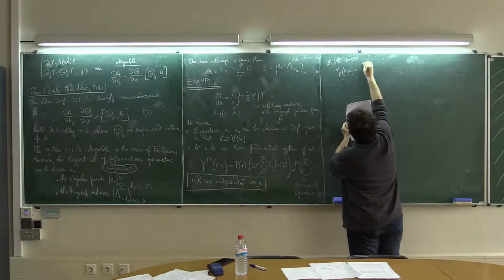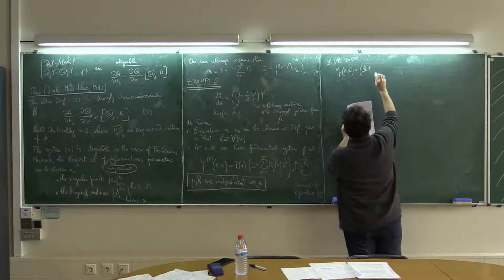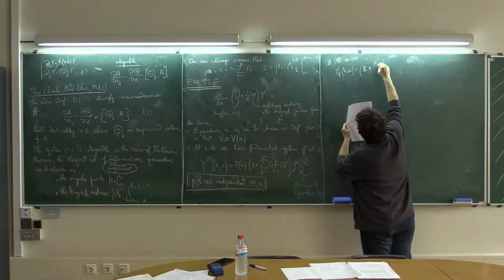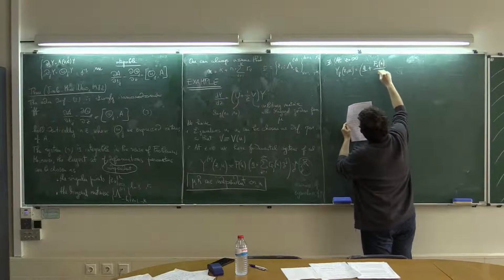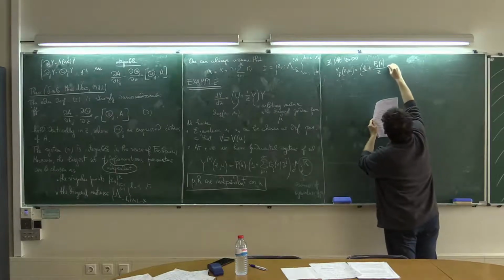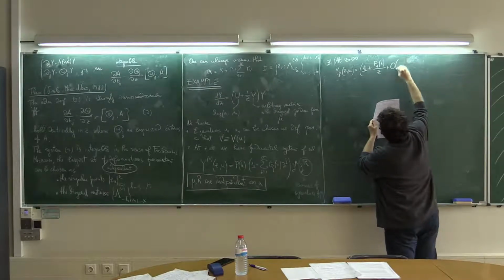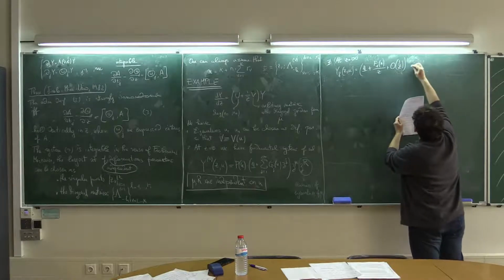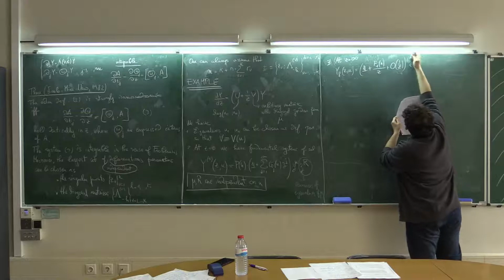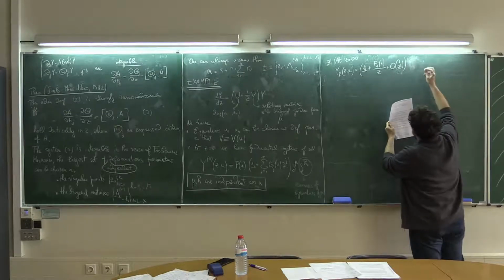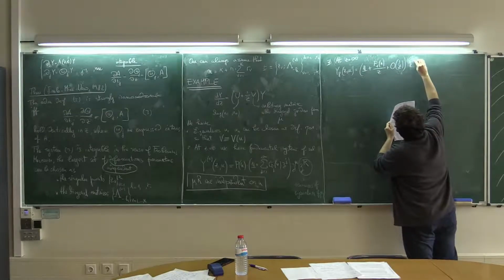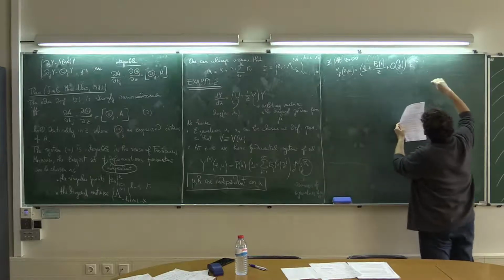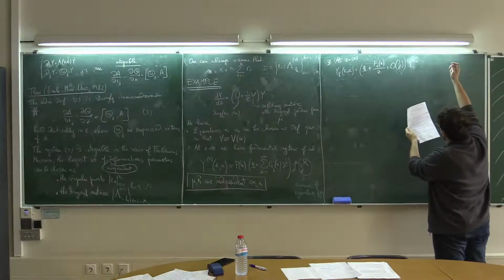We will have 1 plus a matrix over z plus higher terms in 1 over z, times a polynomial term in a certain diagonal matrix lambda_0.